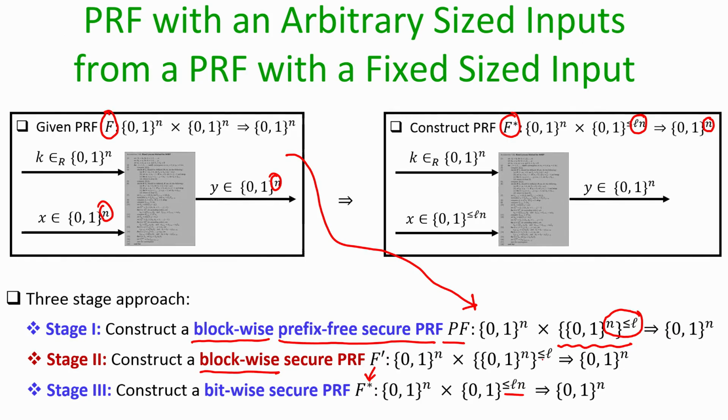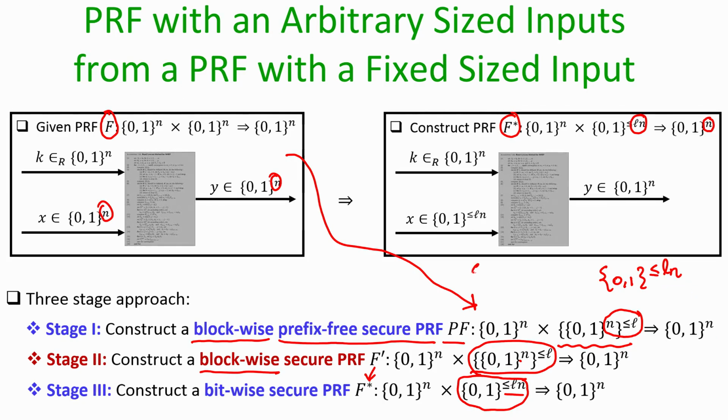Notice that there is a difference between this notation and the notation where the input is a binary string of length up to little l n bits. When I say input of the form {0,1} raised to power less than or equal to ln, that means the input is an arbitrary bit string whose length is at most ln.